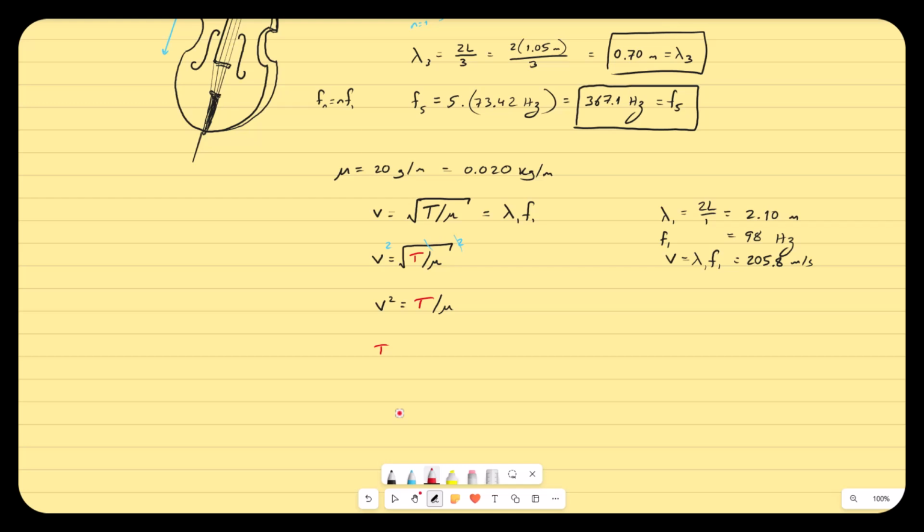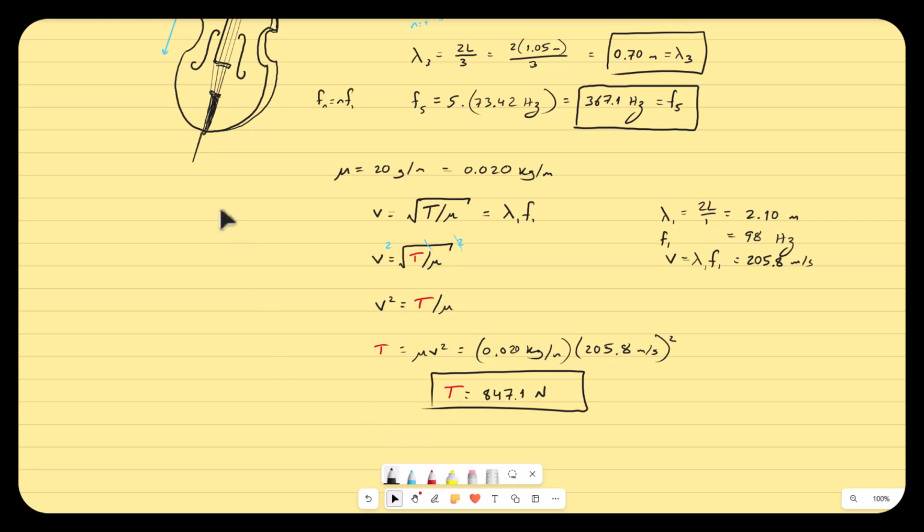So my tension must be mu times V squared, and I can plug in 0.02 kilograms per meter, 205.8 meters per second, and I've got to square that. And I get that the tension in my string has to be 847.1 newtons. That's how I find tension.